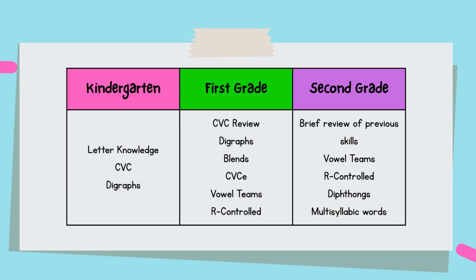Second grade usually begins with a brief review of earlier patterns, then spends more time on vowel teams, R-controlled vowels, and diphthongs, and moves into multisyllabic word reading.